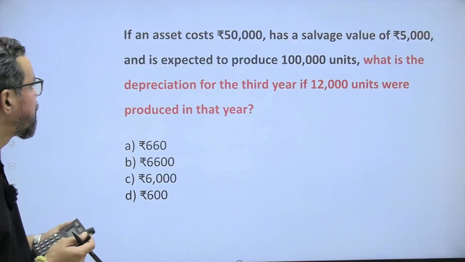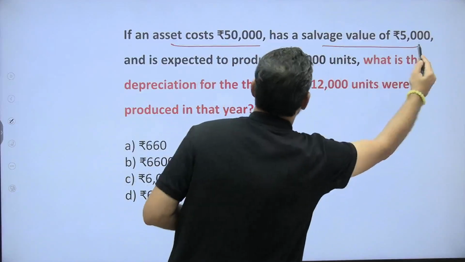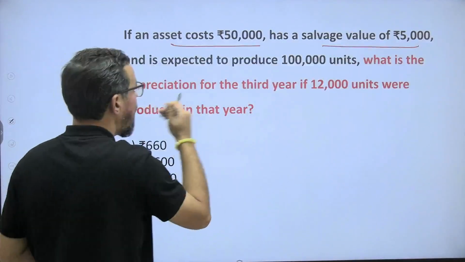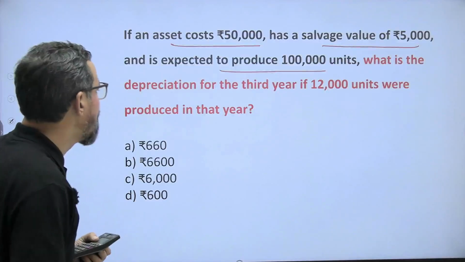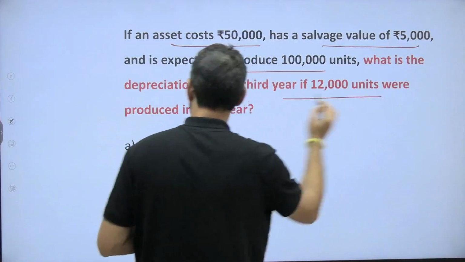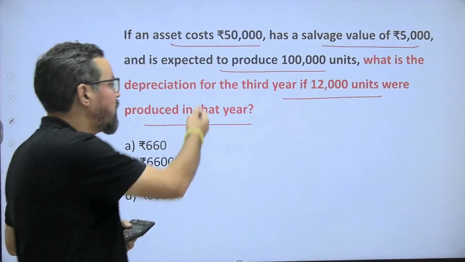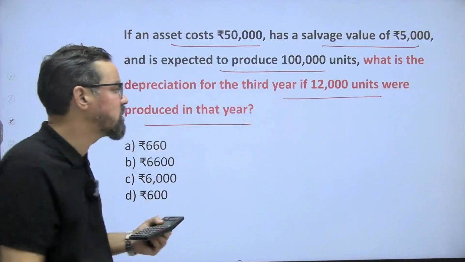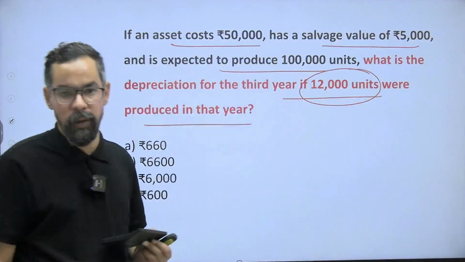8,250. Next one. If an asset costs 50,000, salvage value is 5,000, expected production is 1 lakh units, what will be the depreciation for the third year? 12,000 units were produced in this particular year. So you do not have to worry about the first year, second year, third year. You just have to worry about the actual number of units produced during that particular period, right?